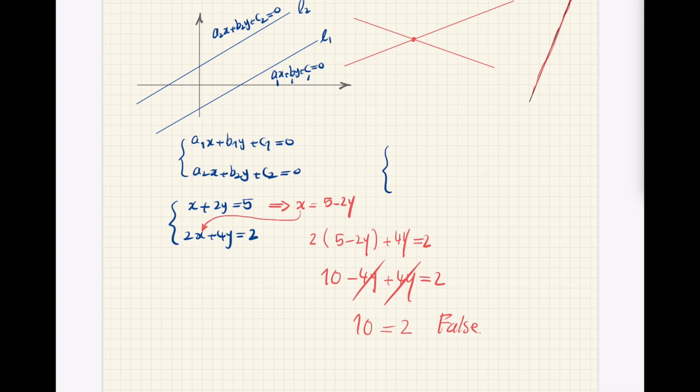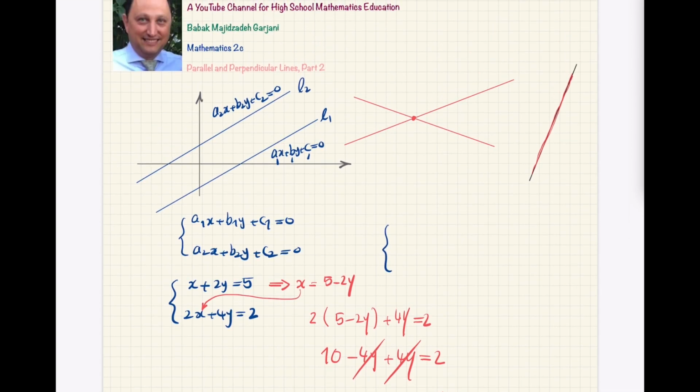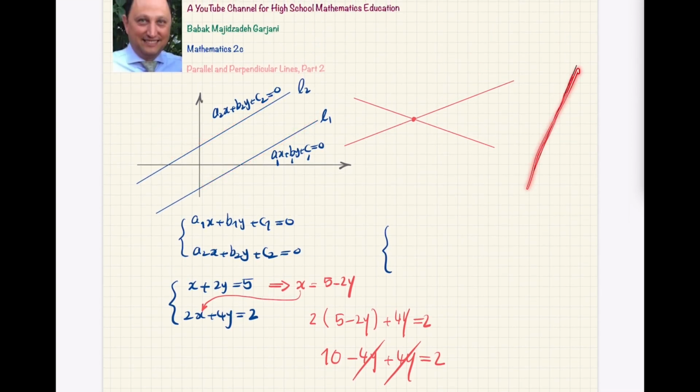You go to your graphing tool and draw the graph of one of them. You draw the graph of the second one in the same coordinate system, and then see what happens. If this happens, there are no solutions. If this happens, there are infinitely many solutions; every point you see is a solution.